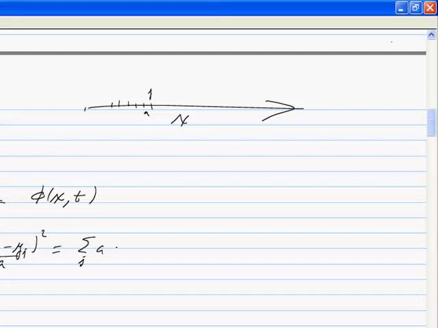So this becomes, collecting terms, the sum over j of a. I put 1 over a here, 1/2 k a squared. So I've just written that way. Then, using my definition of phi, it becomes 1 over ka times d phi dx squared.